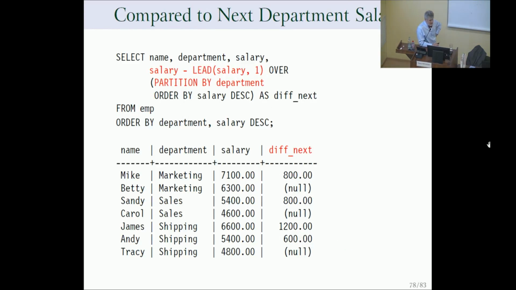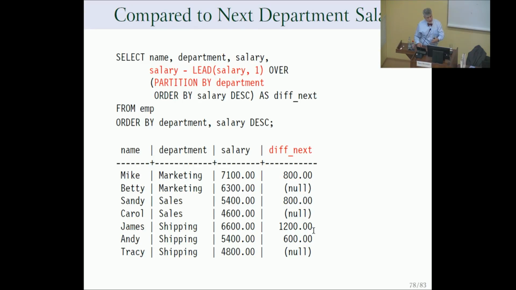Here's a little more sophisticated example. Instead of comparing the employee to the average for the department, I compare the employee to the next lower salary in that department, within departments. So Mike is making 800 more than Betty. Betty, there's nobody else in the department, so there's no one less. Sandy is making 800 more than Carol.